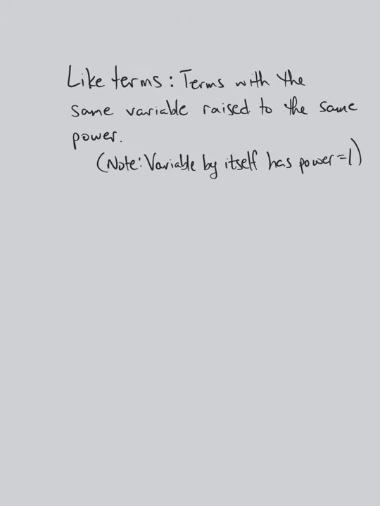All right, a very important basic vocabulary term is the idea of like terms. Okay, now we haven't seen very many expressions like this before because we usually simplify things down using this idea of like terms. But what are like terms? They're terms, so there'll be more than one. They're terms in an expression that have the same variable, and once we get into the world of exponents, raised to the same power.